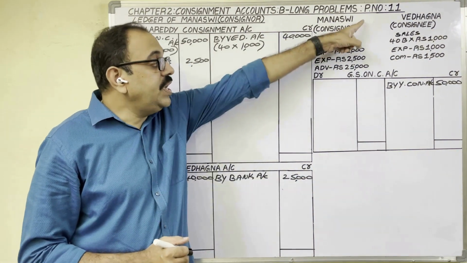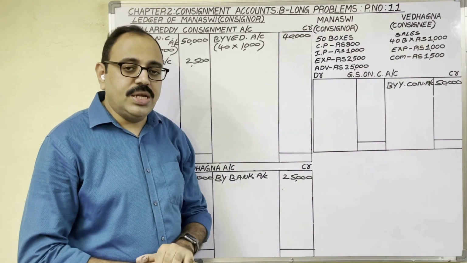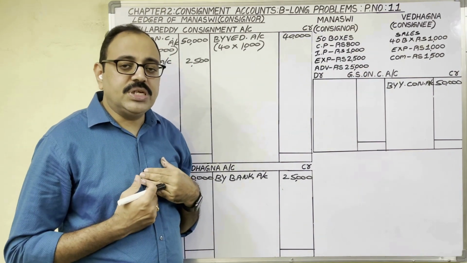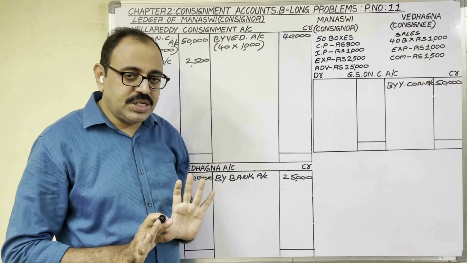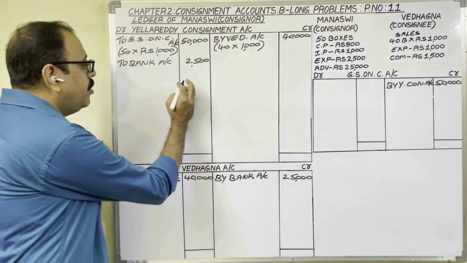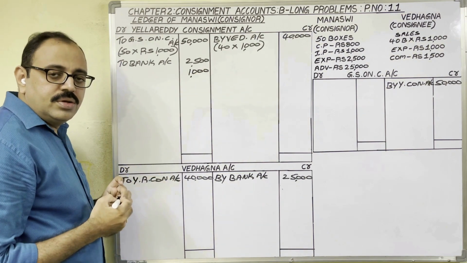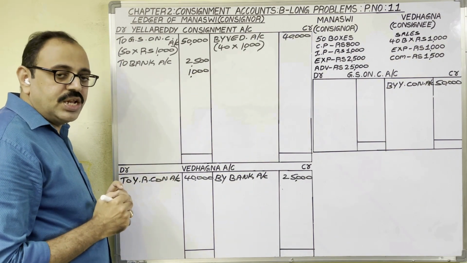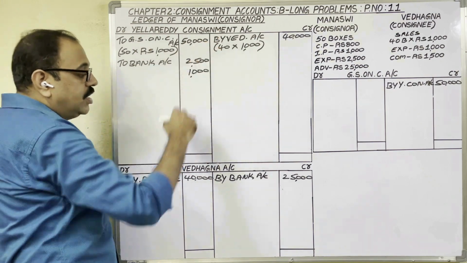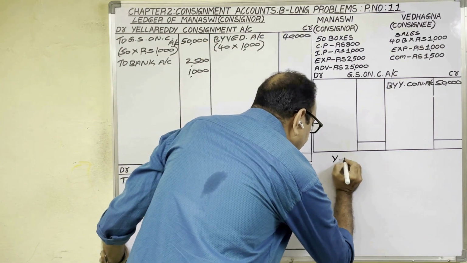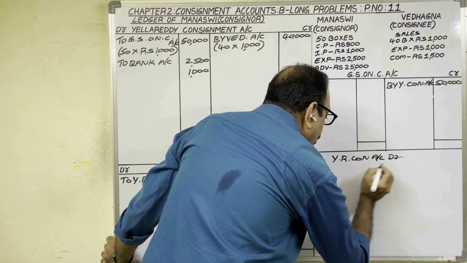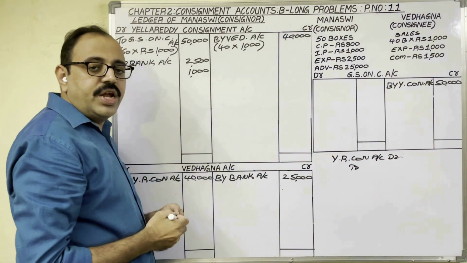Next, consignee's expenses, 1000 rupees. So for consignment business, this 1000 is expenditure. Expenditure is to be debited to this account. So 1000 should be debited. Means while writing the journal entry, LR&D consignment account should be debited. LR&D consignment account debtor to what to write?